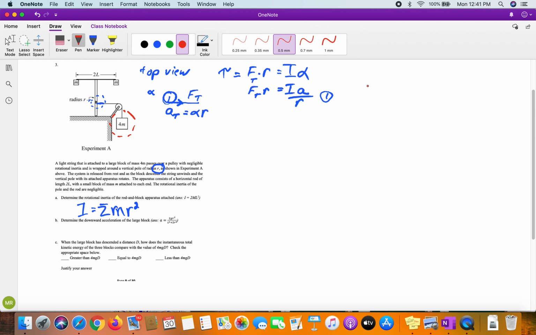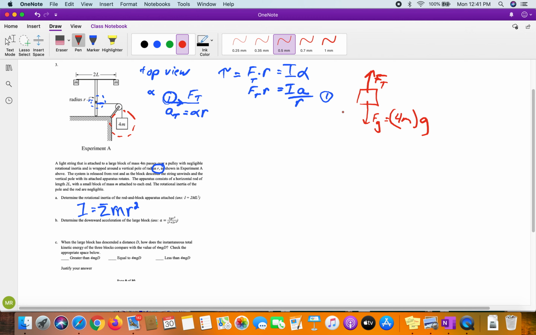We'll look at that hanging mass. So for the hanging mass, we use our free body diagram, and I get a force of gravity down, which is just mg, but my mass is 4m. So it's 4m times g, and same rope, same tension up. Now, it wouldn't be the same tension if we were including the inertia or rotational inertia of this little pulley, but it says we're to ignore that, so we're all good.